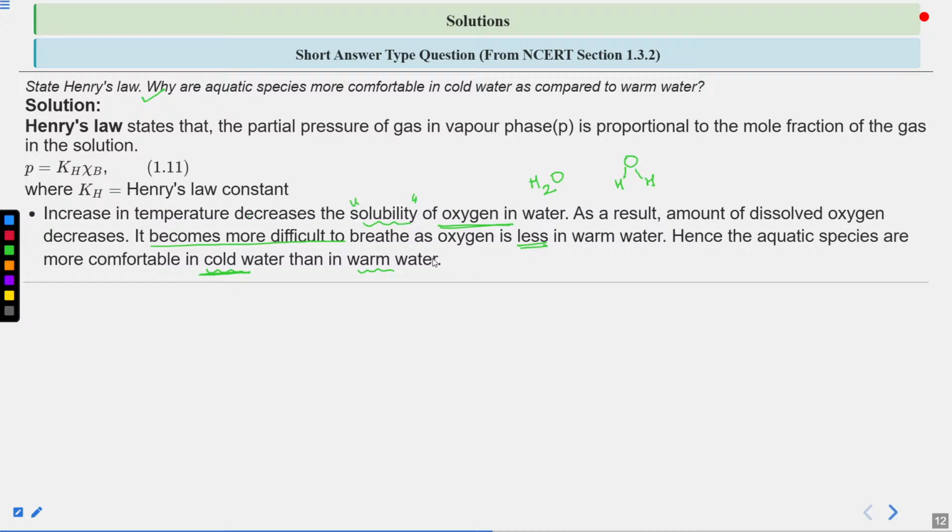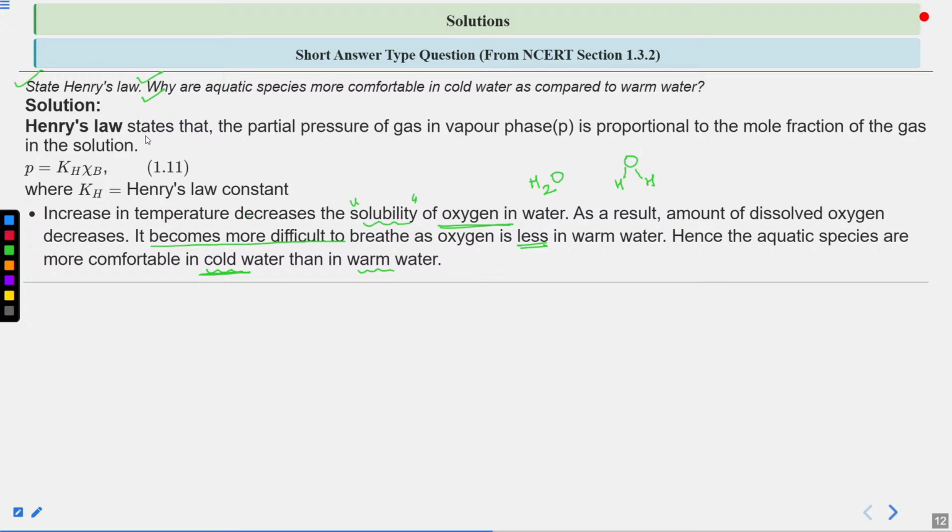So this is the main reason why aquatic species are more comfortable in cold water as compared to warm water. You can also add another point, like how the solubility of oxygen is decreasing, what the reaction will be. You can add some more points to it. So this will be the correct explanation for our question, or you can say two questions in a single question.